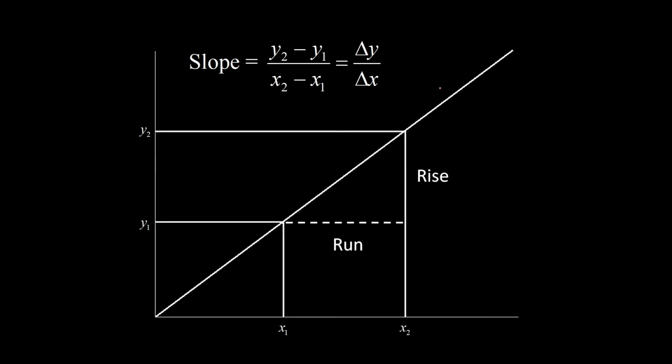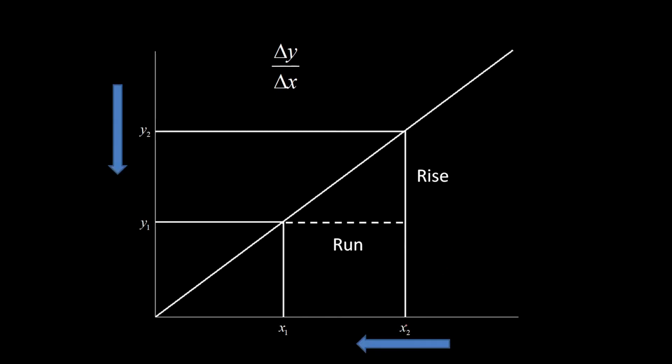And this delta notation represents this picture here. And recall with calculus, the derivative, the limit, that we're now going to take x2 and y2. Well, as we take x2 and get it closer and closer to x1, this will cause y2 to get closer to y1.